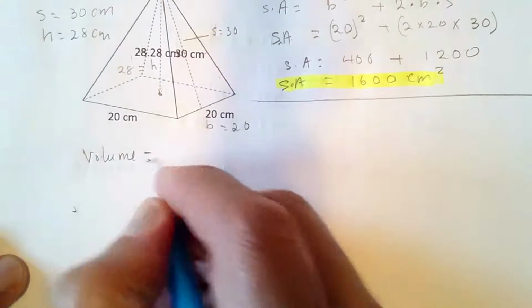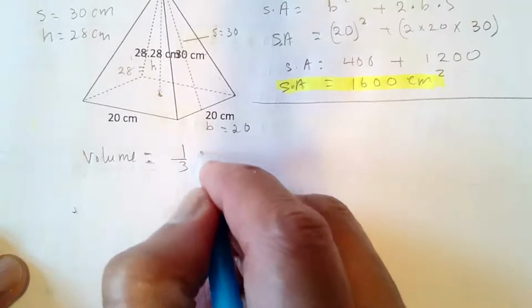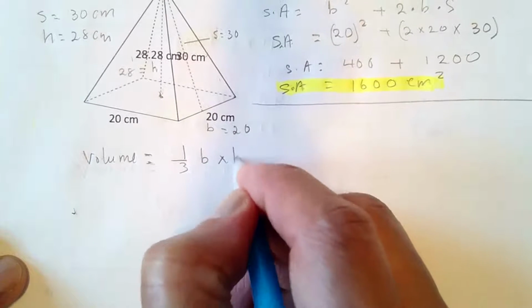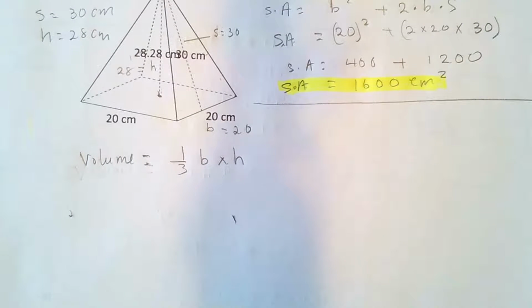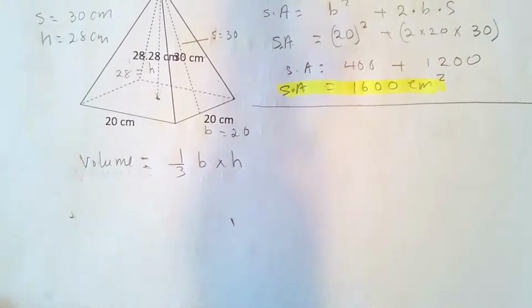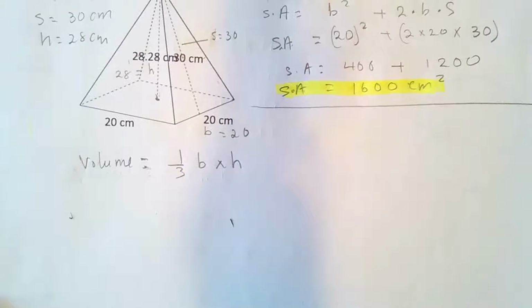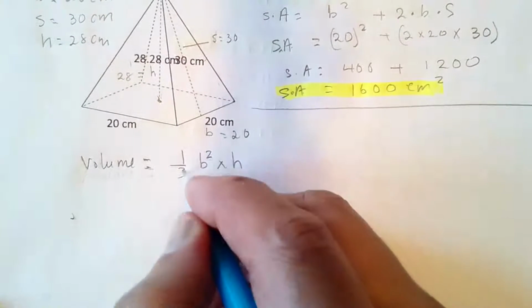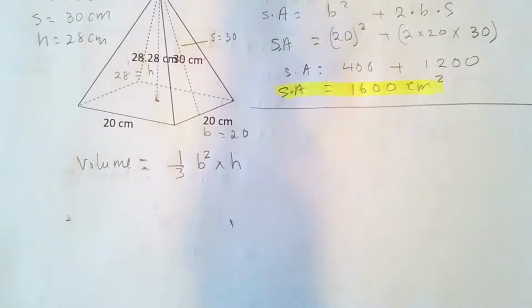So we write that as 1/3 the base squared times height.